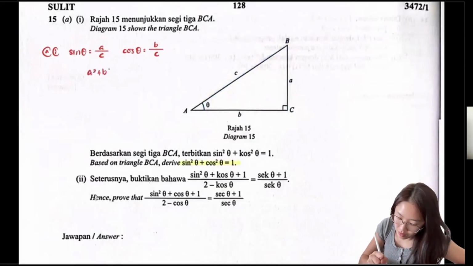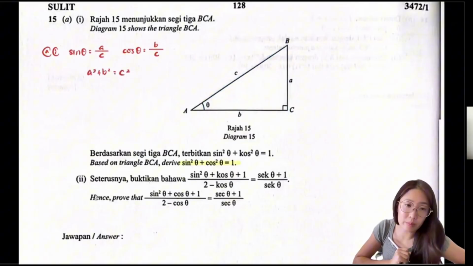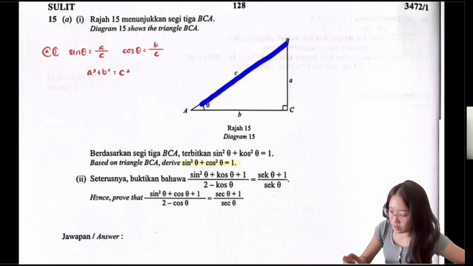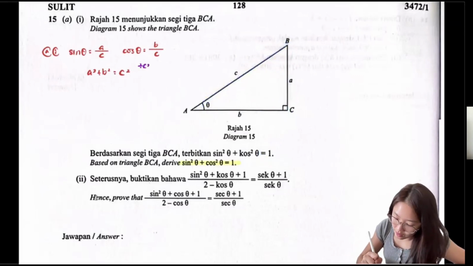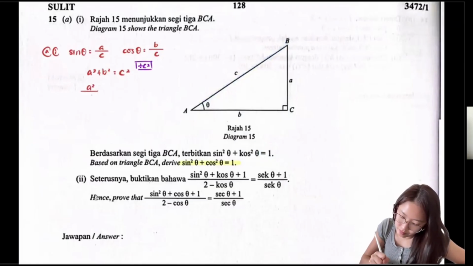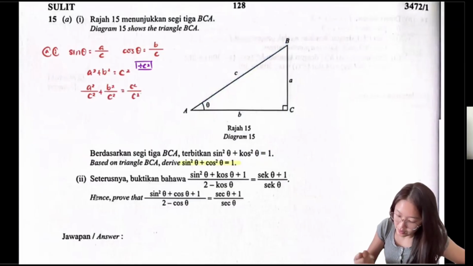A squared plus B squared equals to C squared. The longest is C. And because behind you need to prove 1, so the whole equation is divided by C squared. All right, and then take out the square.